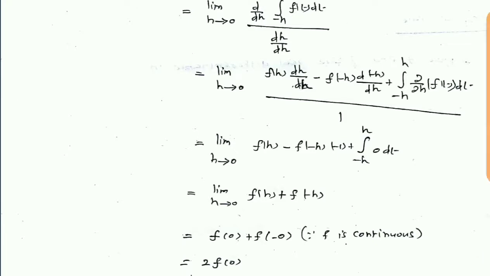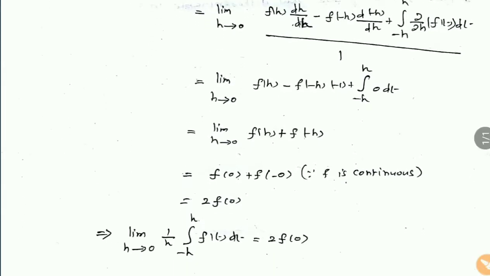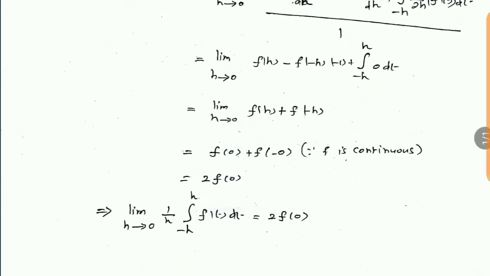Finally, I'll get the limit as h approaches 0 of f(h) plus f(-h). Since f is a continuous function, we know that the limit as h approaches 0 of f(h) is nothing but f(0). So I am substituting f(0). This is nothing but f(-0). Both f(0) and f(-0) are equal to f(0) only.